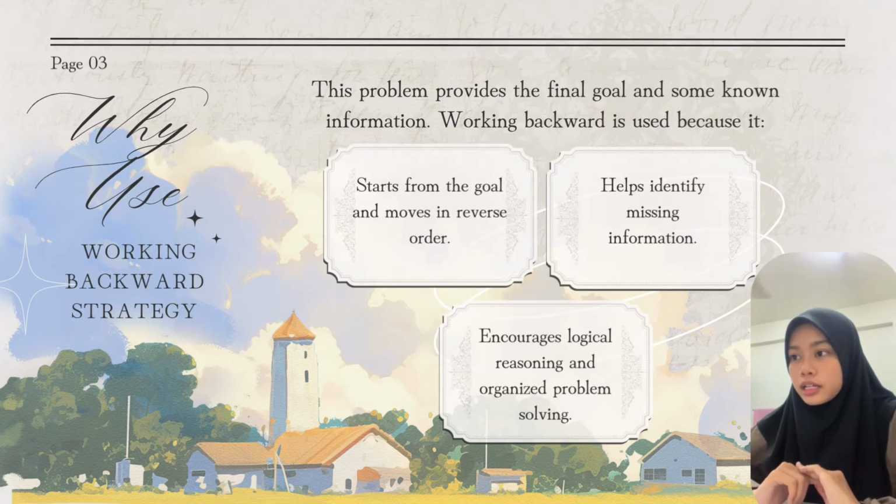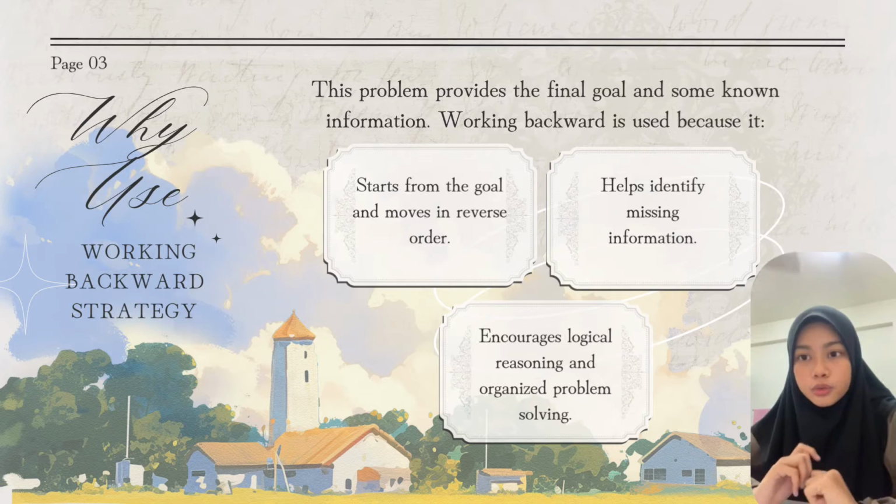Next, it also encourages logical reasoning and organized problem solving. This method helps us think logically, stay organized, and clearly see how each step connects to the final result. It also aligns with Polya's step 3, which focuses on carrying out the plan effectively using reasoning and logical steps.